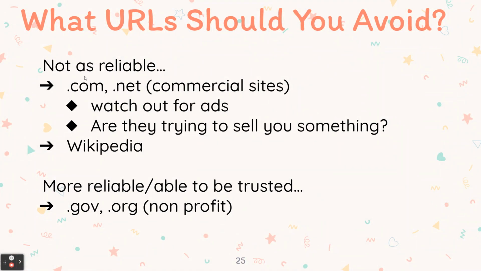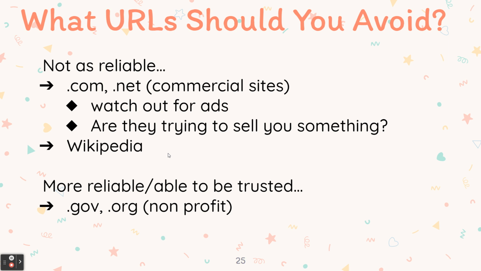Okay, so remember the URLs you should avoid. .com and .net are commercial sites. It doesn't mean it's bad information, but you need to check for ads and if they're trying to sell you something. And if that's the case, it's definitely not useful. Wikipedia is not a good source.